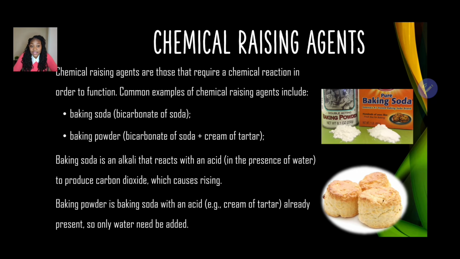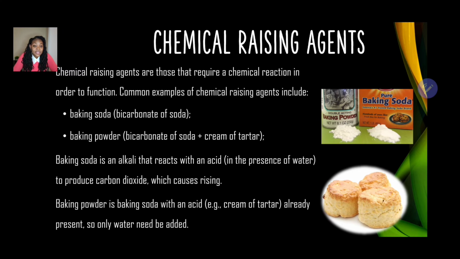Baking soda is an alkali that reacts with an acid in the presence of water to produce carbon dioxide, which causes rising. Now you may get an exam question that asks you, how is it that baking soda allows, for example, chocolate cookies to rise, or how does it aid in the rising of, say, a chocolate cake or a red velvet cake?